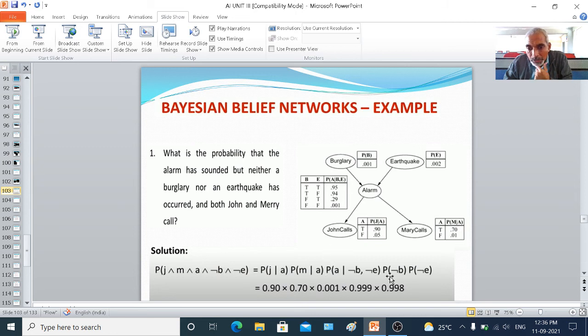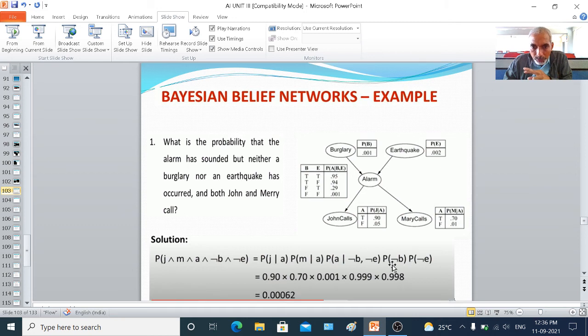Similarly, the next one, probability of negation B: if the probability of B is 0.001, then negation B is 1 minus that, which is 0.999. Similarly, for negation E it is 0.998. So when you multiply, this is your answer: 0.00062.